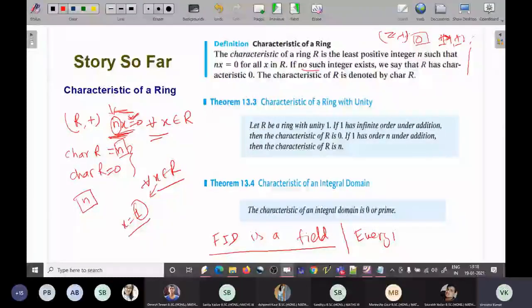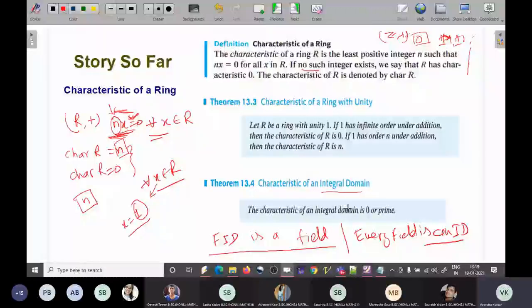So because this result is true for an integral domain, the same result is also true for a field. So here we have a note that says every field is an integral domain. So the characteristic of a field is either 0 or a prime. Fine. So further we have some more results.